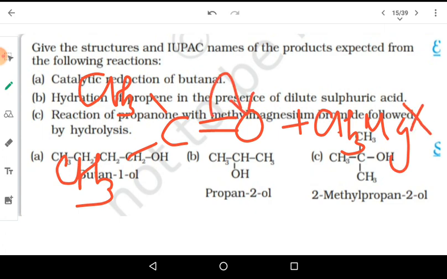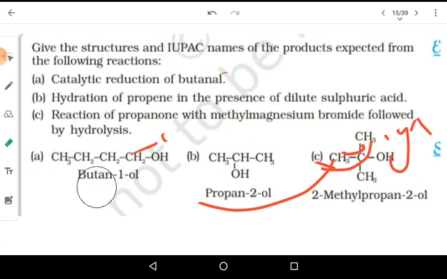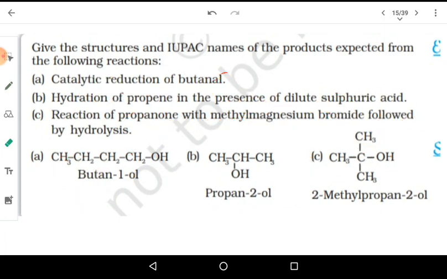So this is going over here, and the CH3 group is going to attach over here. Then this MgX is going to attach on the oxygen. Hydrolysis will give us MgOHX, and whatever is left over here, if you join, we will be getting a tertiary alcohol with the formula (CH3)3COH, and that is 2-methylpropan-2-ol.